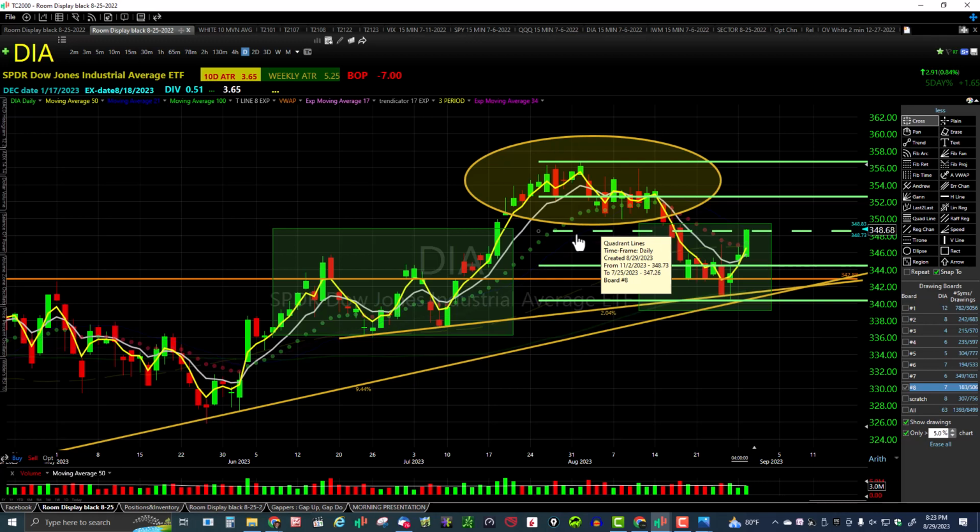This is a tool you're going to need in order to use this. And then you got quadrant 3, just above the midpoint, and then quadrant 4. So you got 1, 2, 3, 4.